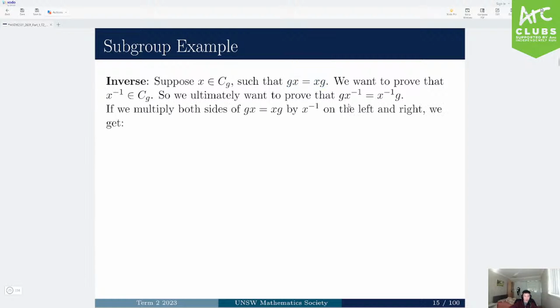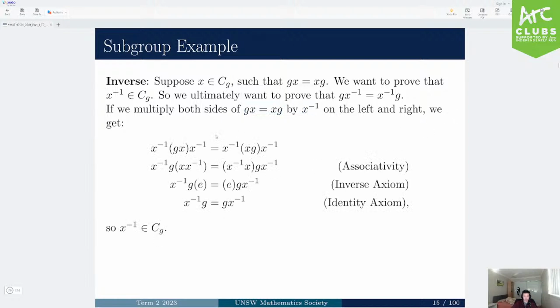So if we multiply both sides of this equation, gx is equal to xg, by x inverse on the left and the right, we can group up the last two terms on the left hand side to get x times x inverse, and remember that x times x inverse just gets you the identity element E. And if we multiply E by x inverse g, that just gets us x inverse g, right?